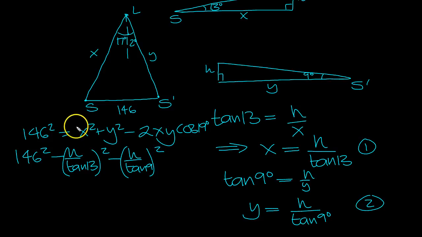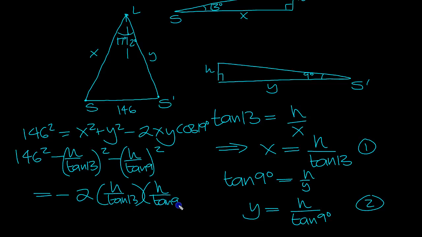So this minus this is equal to minus 2x, which is h over tan 13, times h over tan 9, that was y, times cosine of 19 degrees.